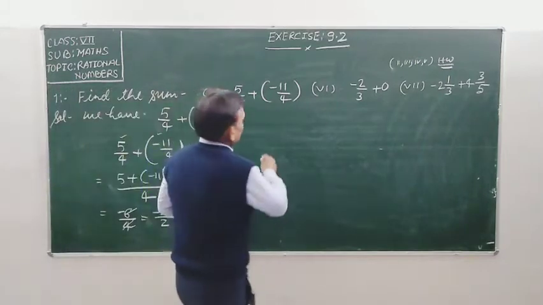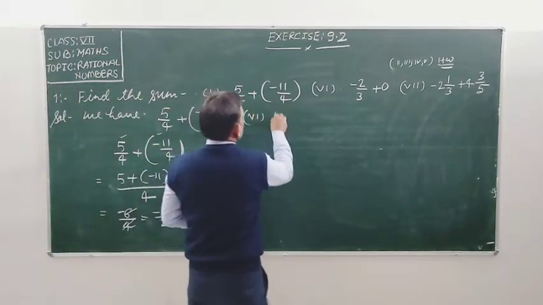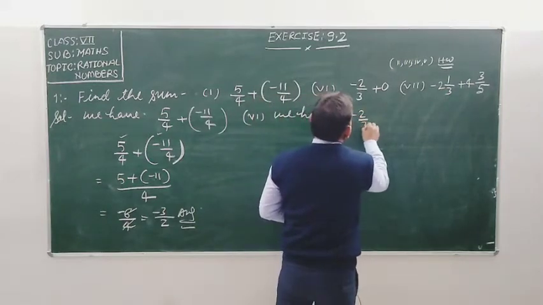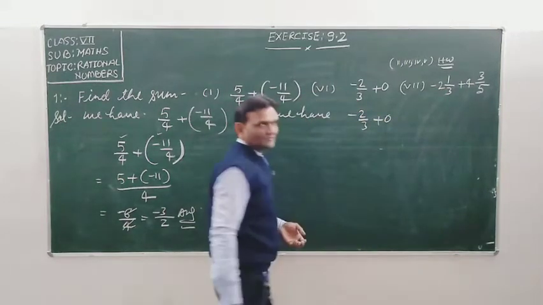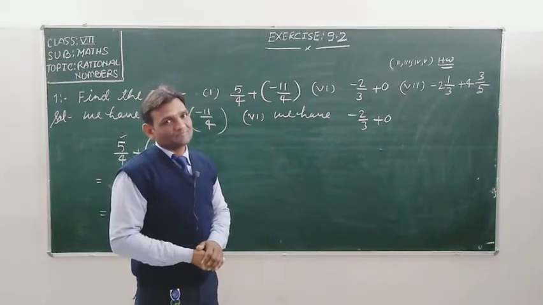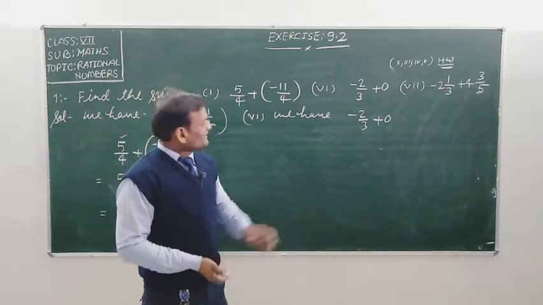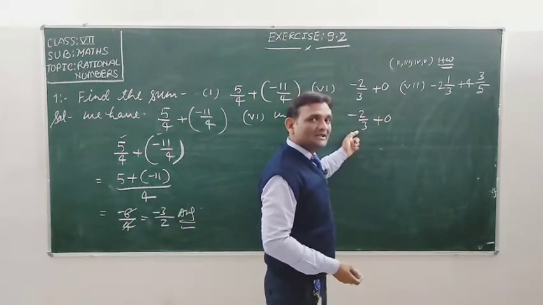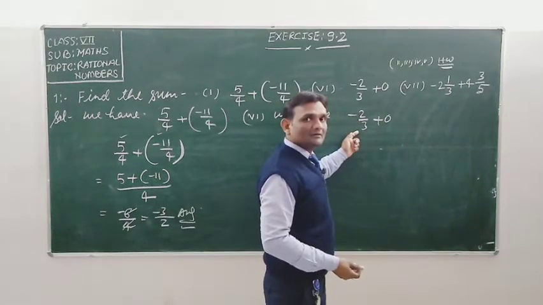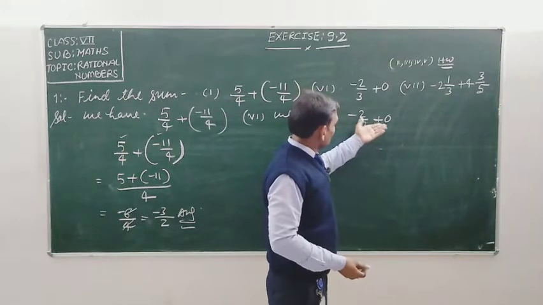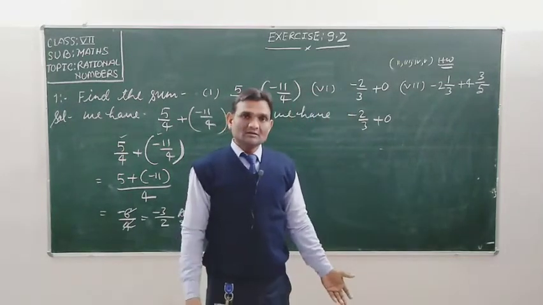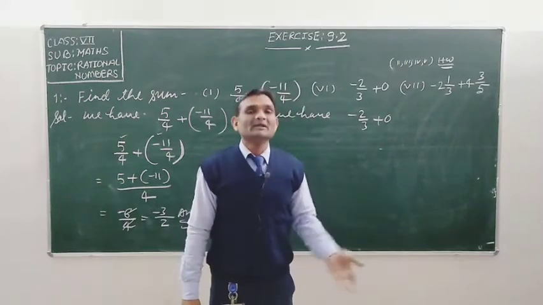And the sixth part is, student, minus 2 upon 3 plus 0. It's very easy, student. We do not need to add any number to minus 2 upon 3. हमें minus 2 upon 3 में कुछ ऐड ही नहीं करना. 0 means nothing. कुछ भी नहीं.